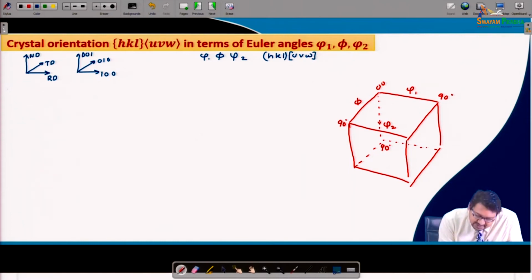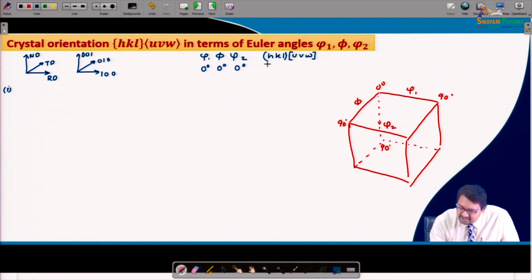So, let us take the first condition. The first condition is where phi 1 is 0, phi is 0 and phi 2 is 0, and the condition of this will be such that RD is parallel to 1 0 0, ND is parallel to 0 0 1, and TD is parallel to 0 1 0.